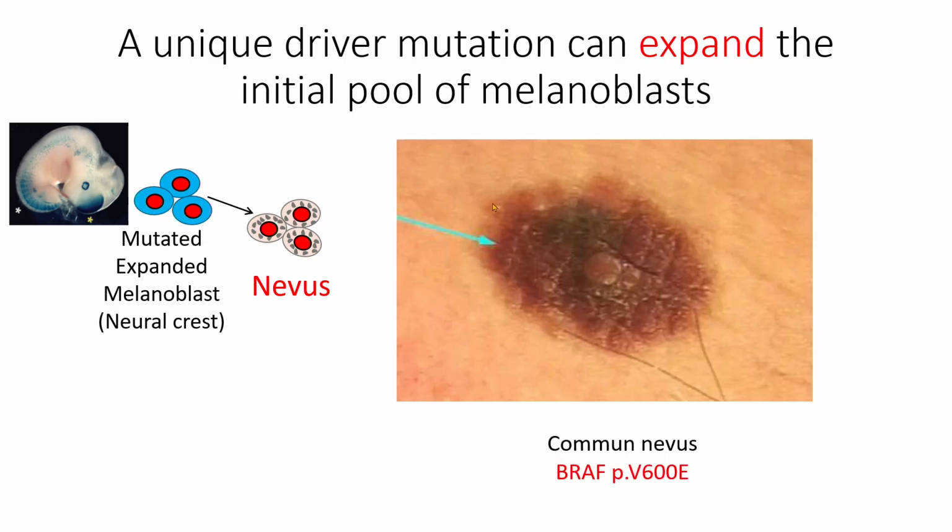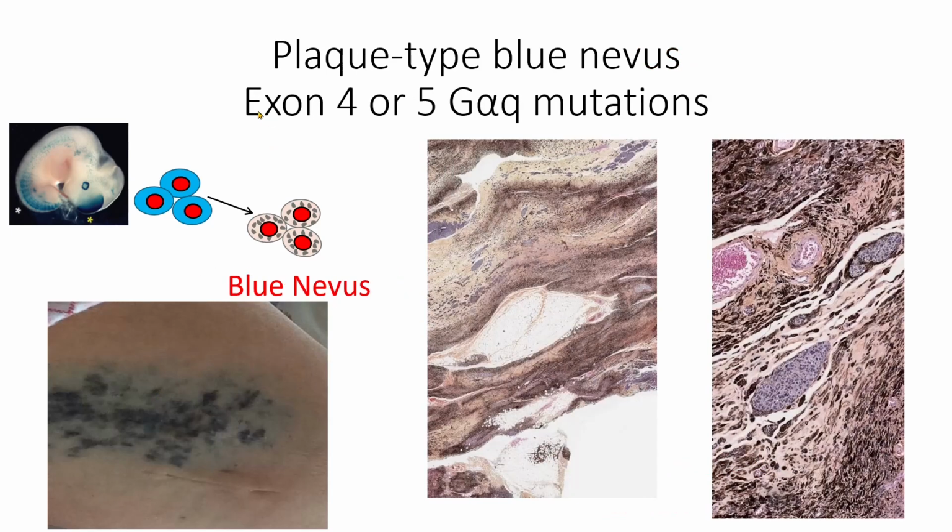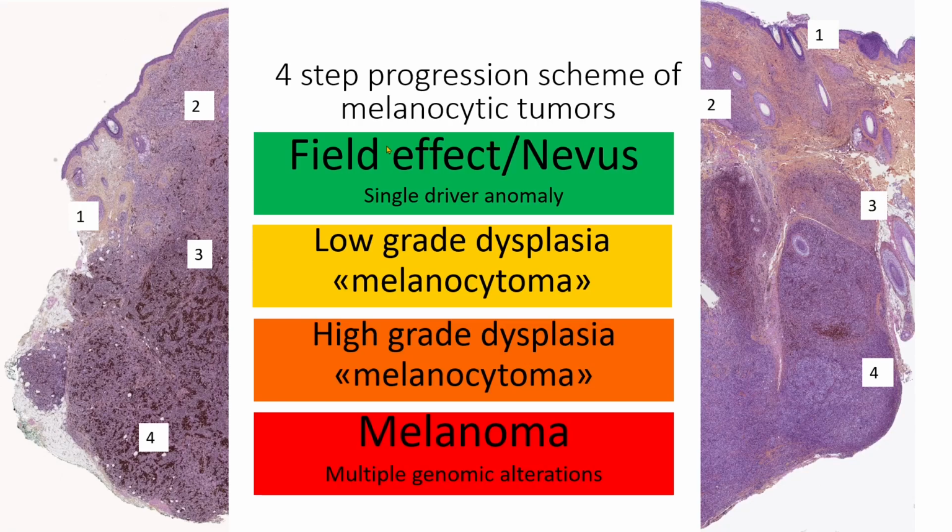Usually, if it's a BRAF mutation, it would look like a common nevus like this. It can also be a large congenital nevus, and also can be a blue nevus with different types of anomalies such as GNAQ or GNA11 mutations.